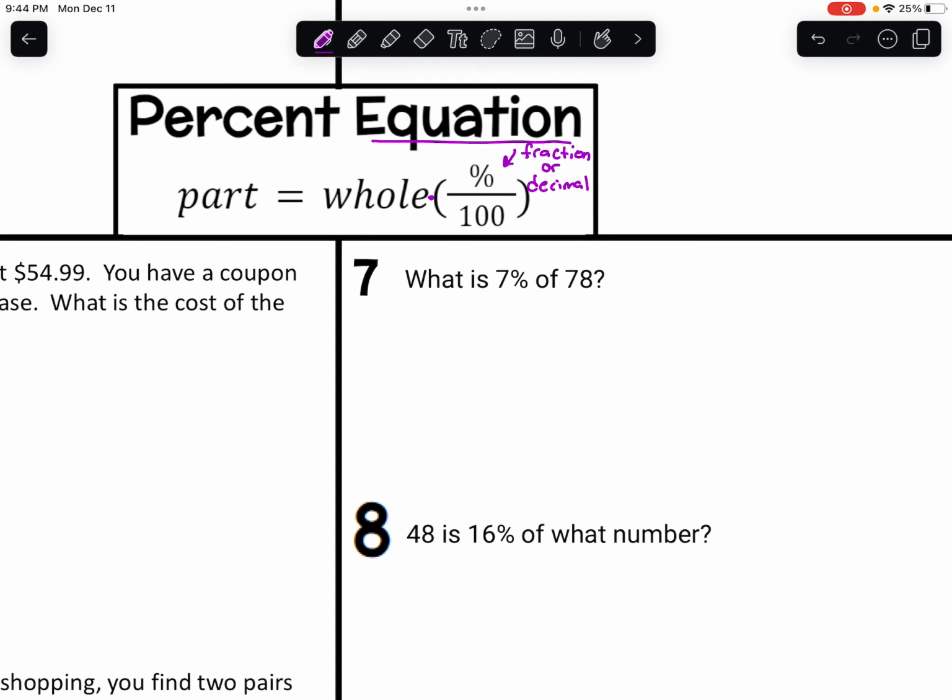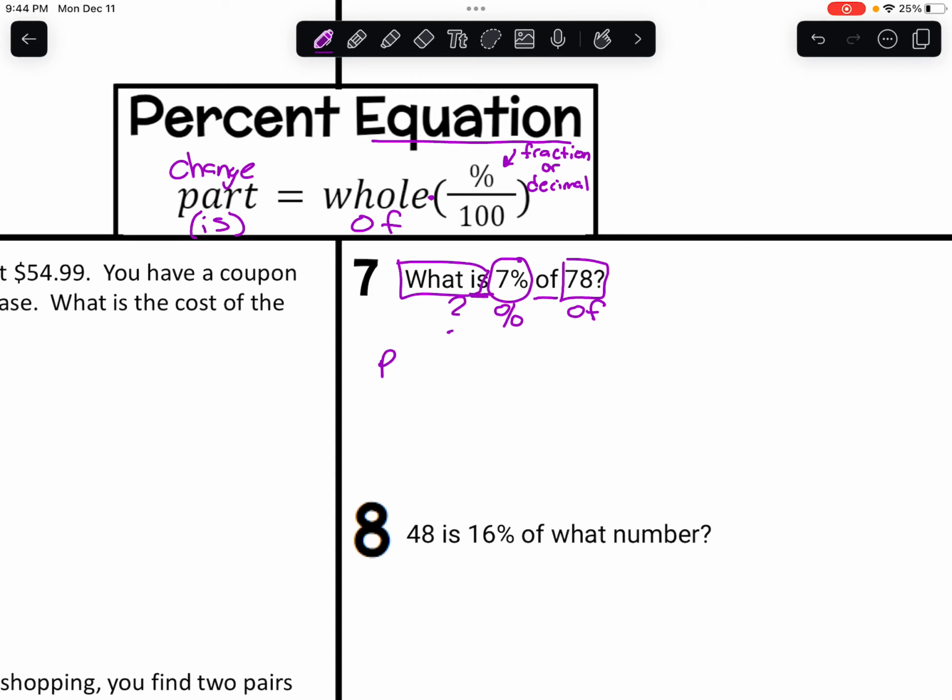Notice it says what is 7%, so that's clearly our percent of 78. You may have heard that the part is also known as the is, or even the change in some cases, and the whole is the of. Once we identify what we have, it's quite simple, and we're looking for the part because it says what is.